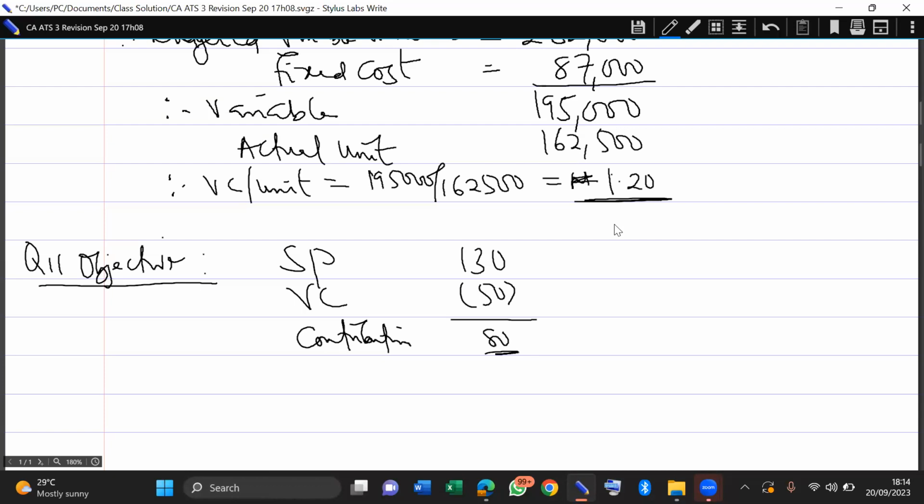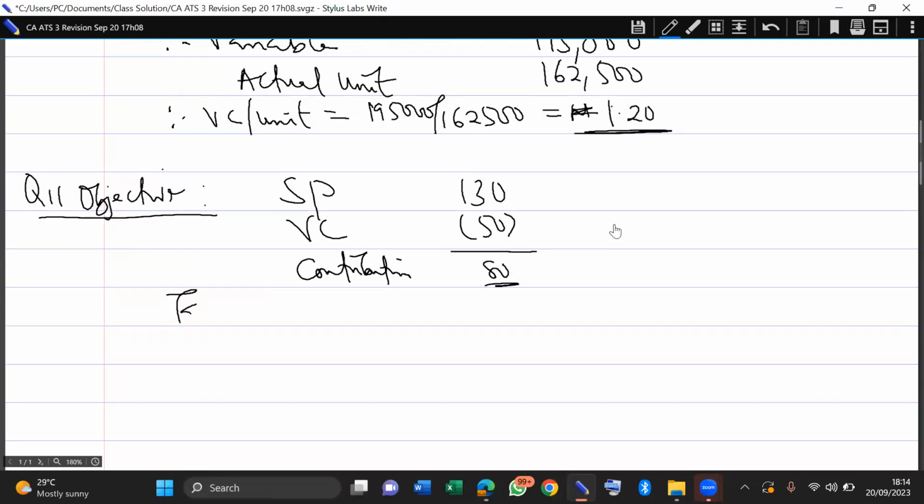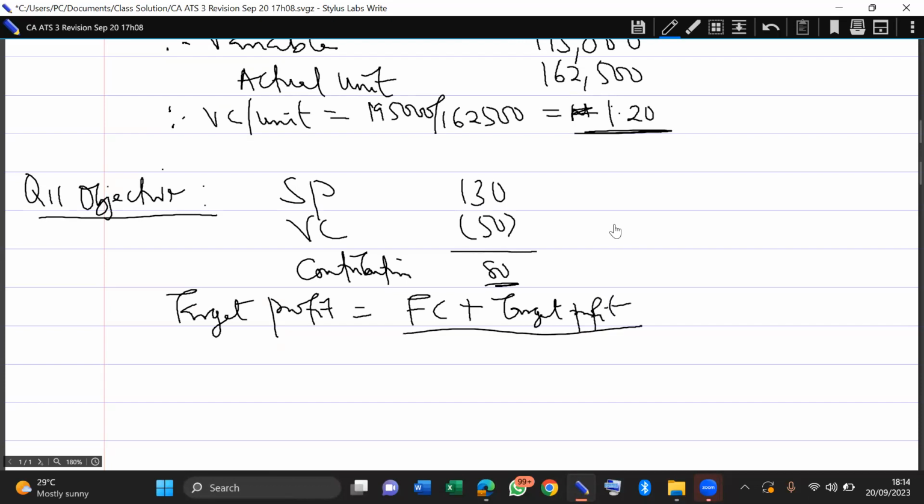For units sold and produced to get a target profit, you take your fixed cost plus target profit, then divide by your contribution margin. That's all.